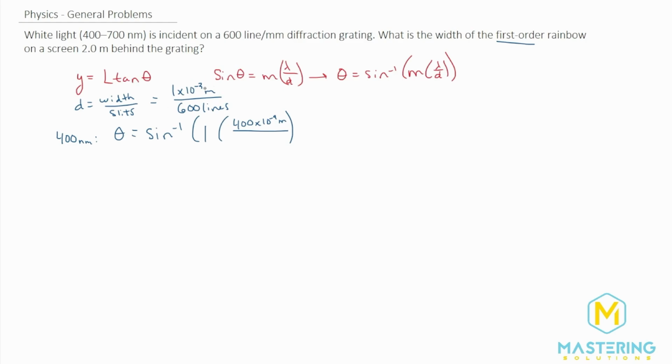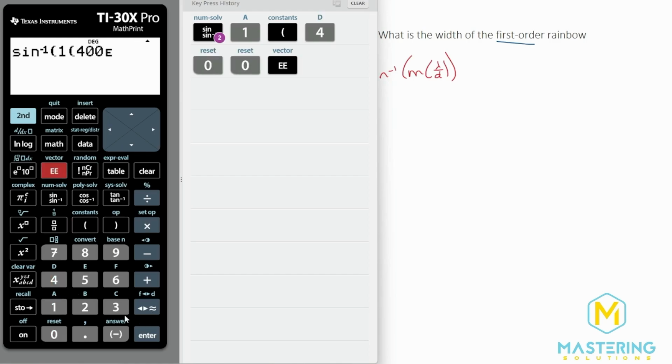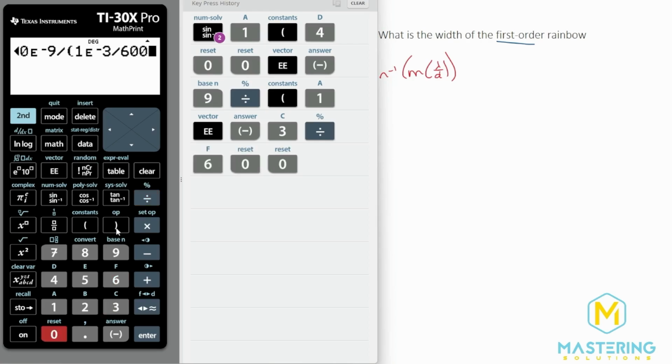So we can just plug this whole expression in right here instead of calculating a value. I find it's a little bit more accurate to do that, so we don't have to worry about any rounding errors. So if we go to our calculator, we have the inverse sine of m, using 1, multiplied by lambda, which in this case is 400 times 10 to the negative 9, divided by 1 times 10 to the negative 3 divided by the lines, which we said was 600 for this diffraction grating.